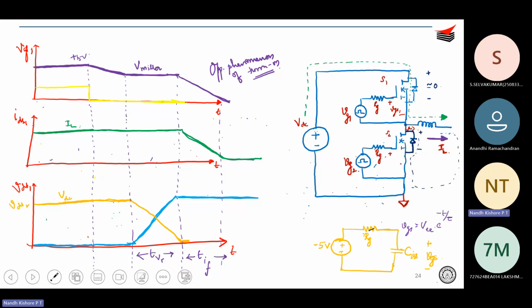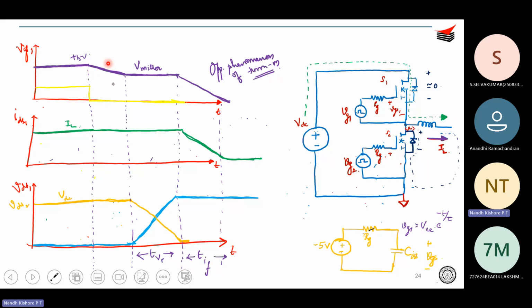For the diode to conduct, there cannot be any voltage across it. A diode cannot conduct if there is voltage across it; it will not become forward biased. So for the current to get transferred, first there has to be a change in the voltage.